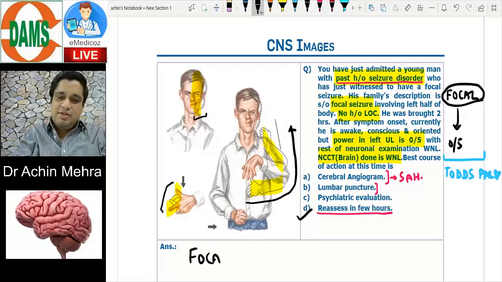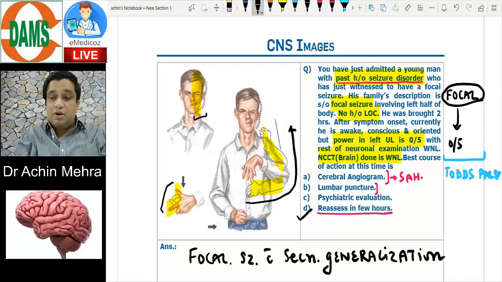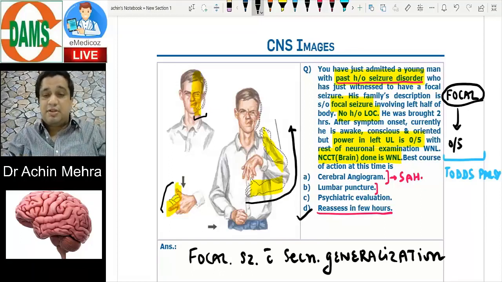Focal seizure, right, with secondary generalization. Now be careful with these words. When I'm telling you secondary generalization, that means it becomes generalized later on. Although in the picture I could not show it well, even the lower limb of the patient got affected later on. So it started at a point and then became generalized.